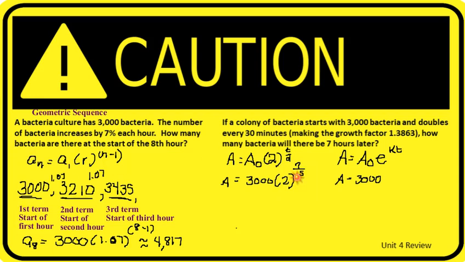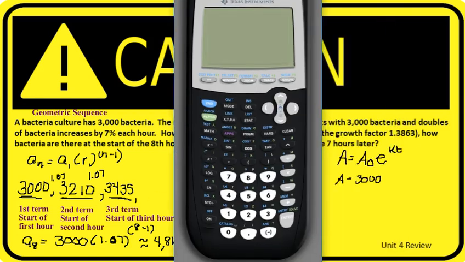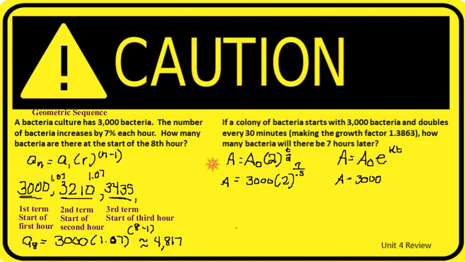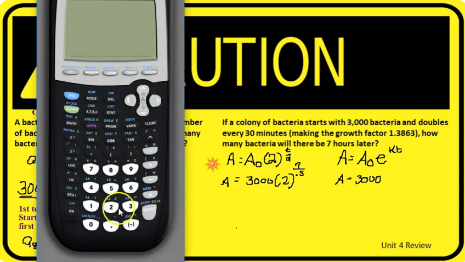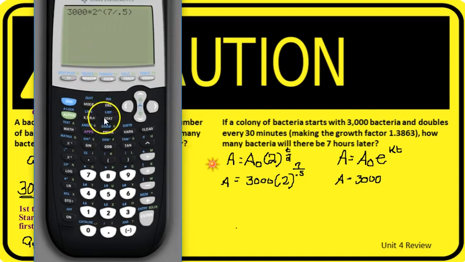And so when I take out my calculator and work on that, I get 3,000 times 2 to the 7 divided by 0.5 power. I get, let's see, yikes, 49,152,000.